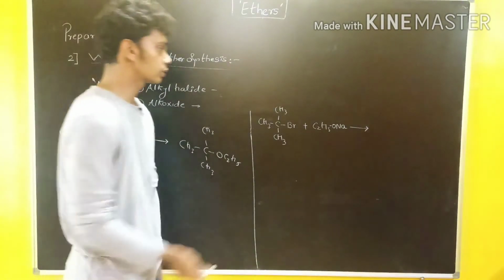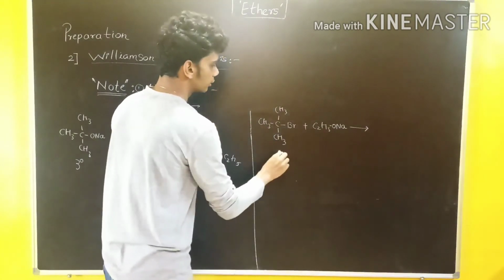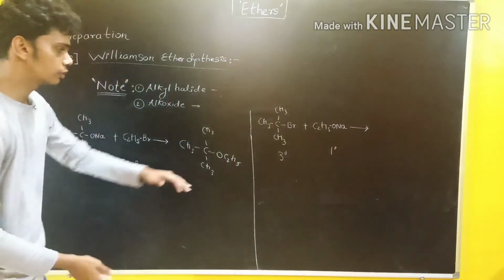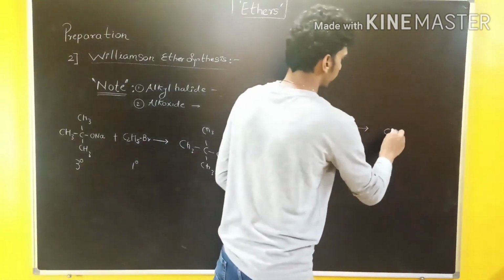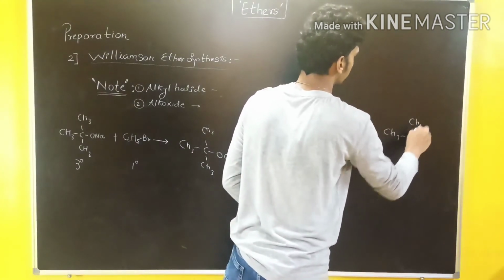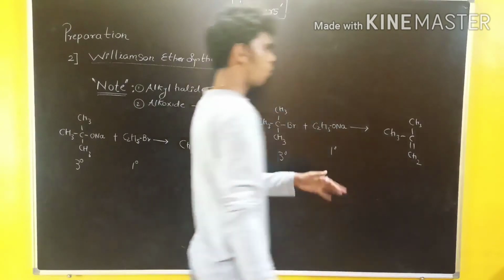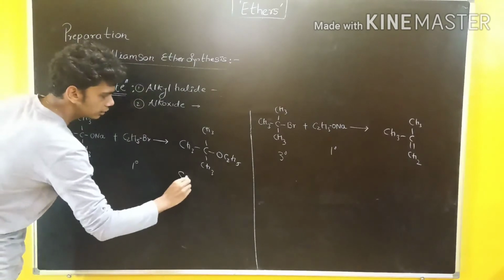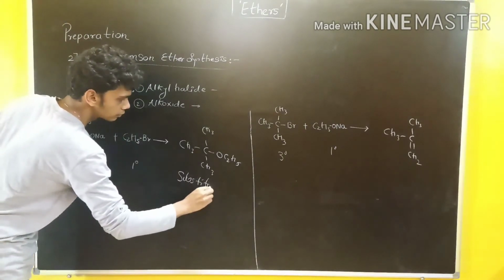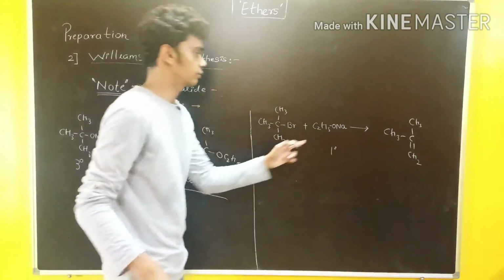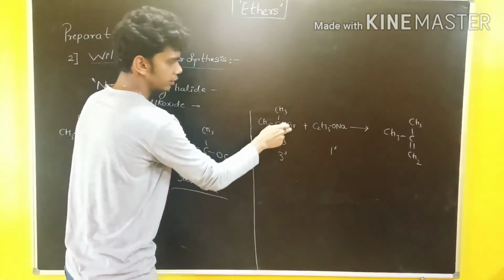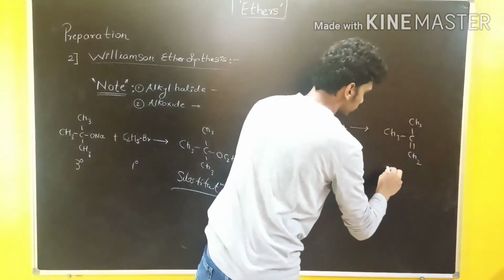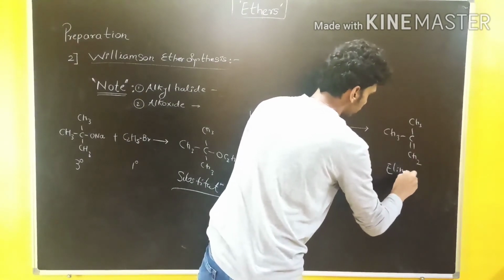But suppose your alkyl halide is tertiary and your alkoxide ion is primary. There is a major difference. You will not get this product. You will get a product like this: CH3, CH3, double bond, CH2. Why such a difference? Because the first process is governed by substitution, but whenever there is a tertiary alkyl halide and a primary sodium alkoxide, the process is governed by elimination.